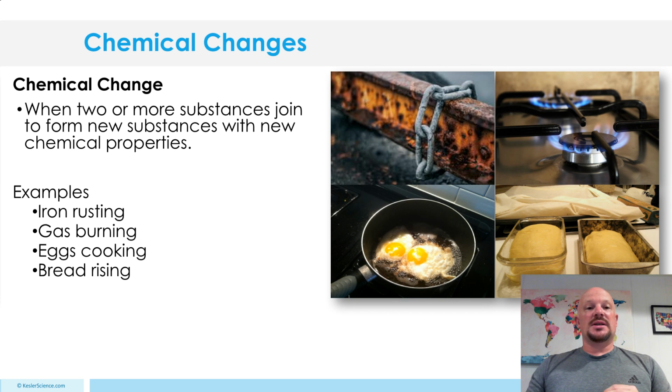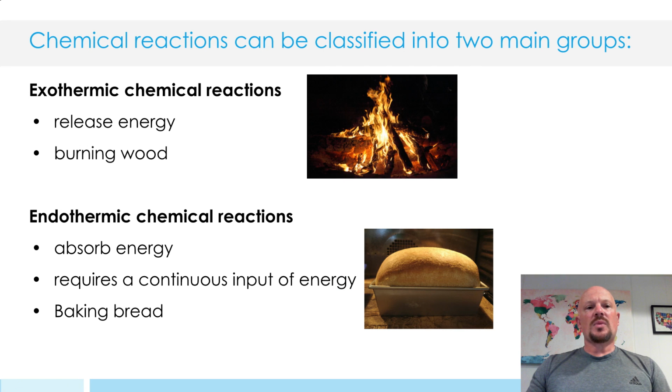Now, chemical changes are identified in 2 different ways. One is exothermic reactions. These are releasing energy. Often we see this energy released as heat and light. An example would be a campfire, burning wood. You see energy being released in the form of the fire.